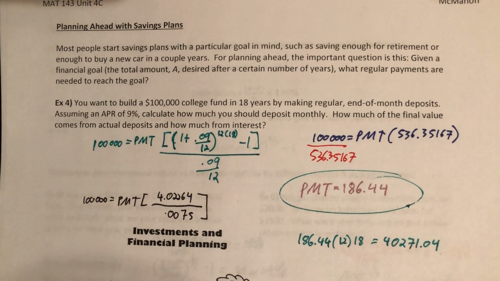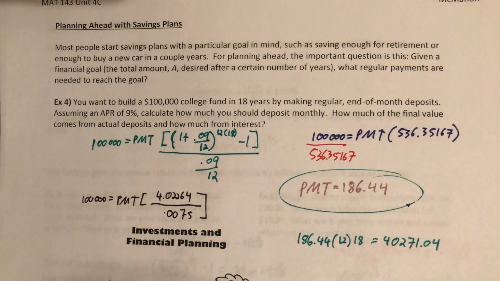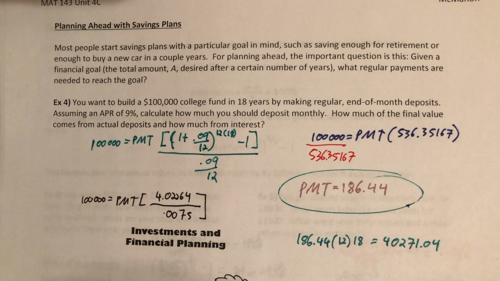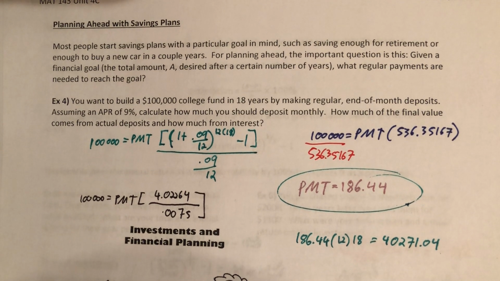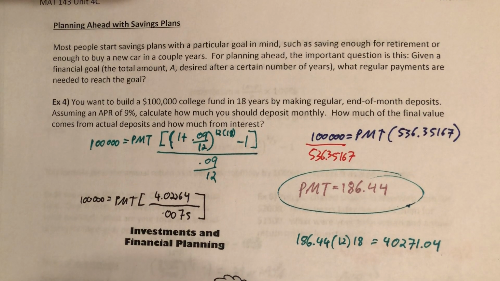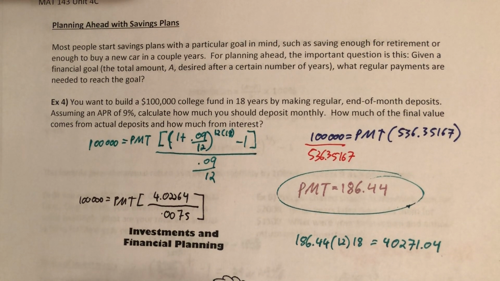Okay, once again, I would do the numerator first and then the denominator. So the numerator came in at 4.02264 divided by 0.0075, and I used the answer button on the calculator so to get an exact one.